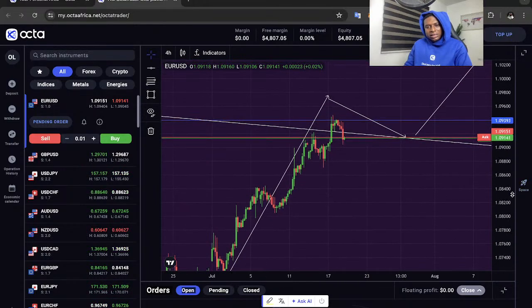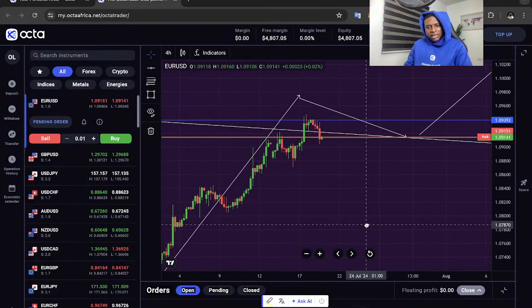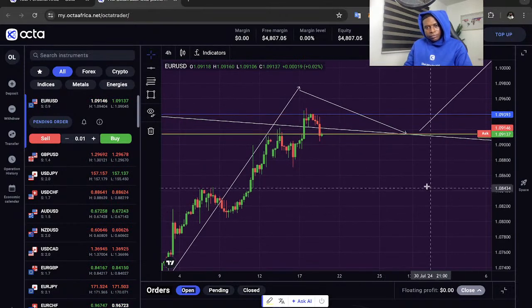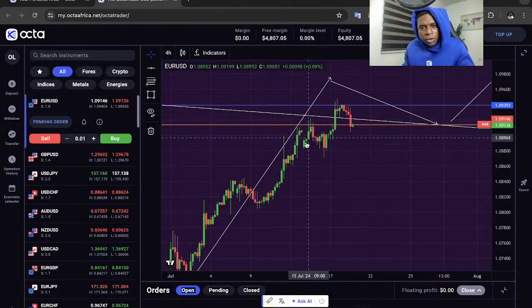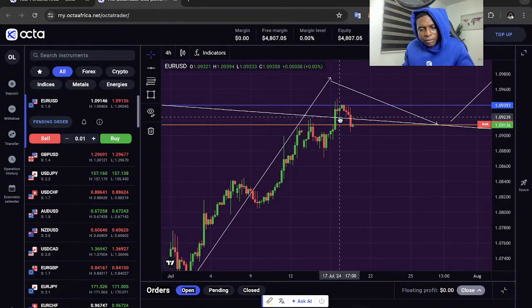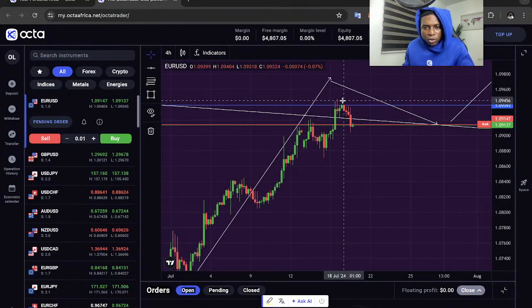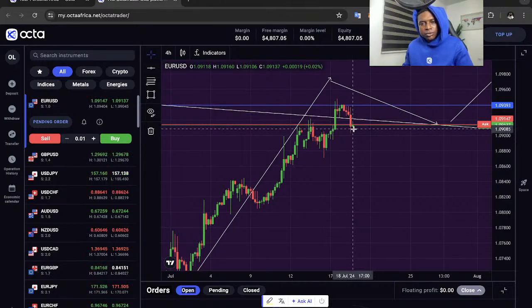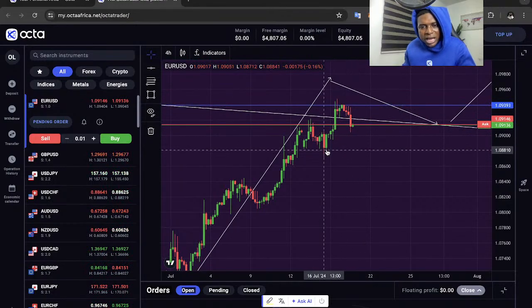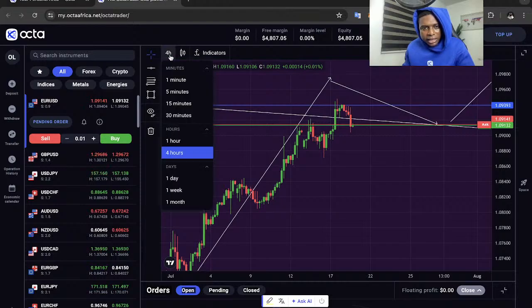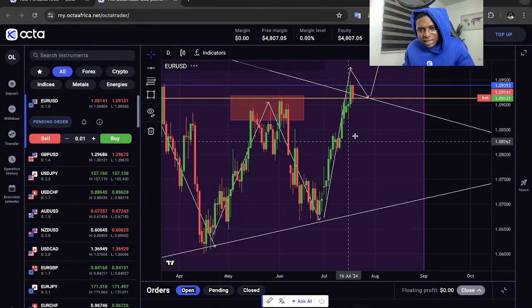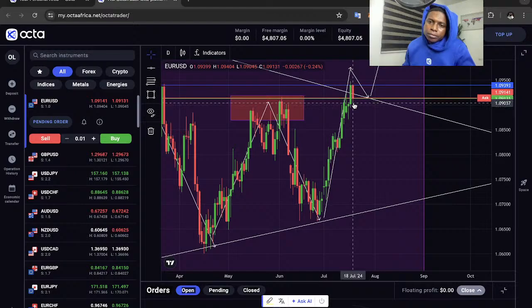Now when we look at the 4 hours time frame, we can definitely see that this was a retracement. Now we have a benchmark which we already marked in the daily time frame, which is this level.